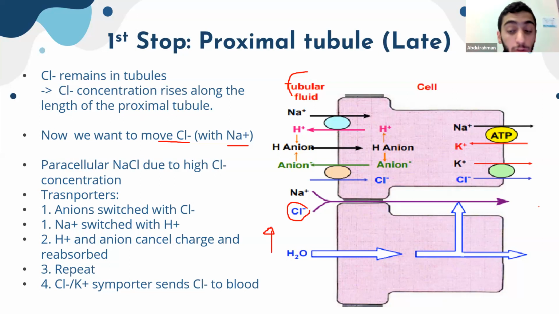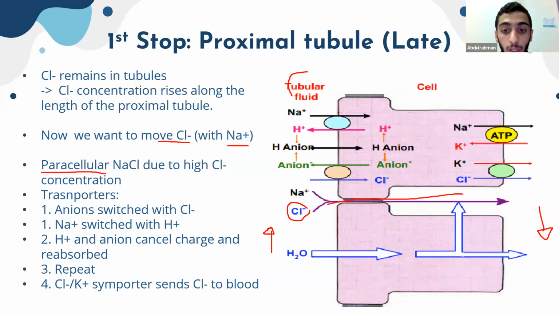However, since we didn't move any chloride through the body, the chloride concentration there is decreased. So sodium and chloride are going to travel down their concentration gradient, from areas of high to areas of low concentration. This is the first method of movement. They're going to travel paracellularly, para meaning between the cells, due to the osmotic gradient, tamam?